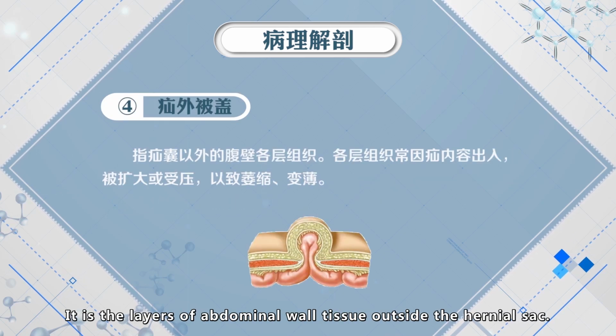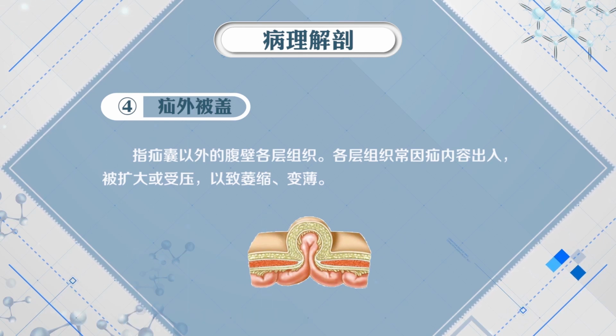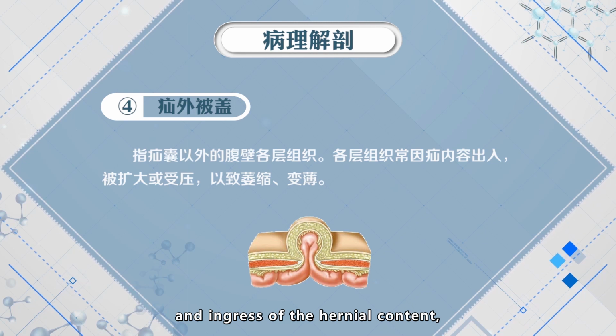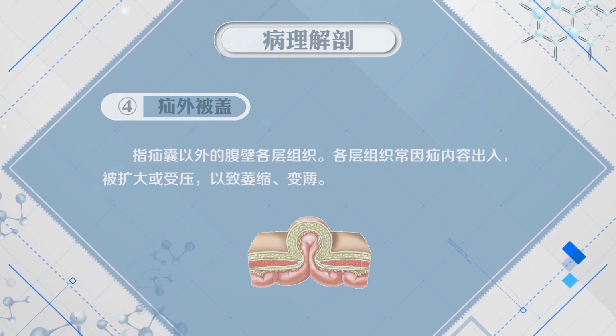External coverings. They are layers of abdominal wall tissue outside the hernia sac. These layers of tissue are often stretched or compressed by the ingress and egress of the hernia contents, leading to shrinkage and thinning.